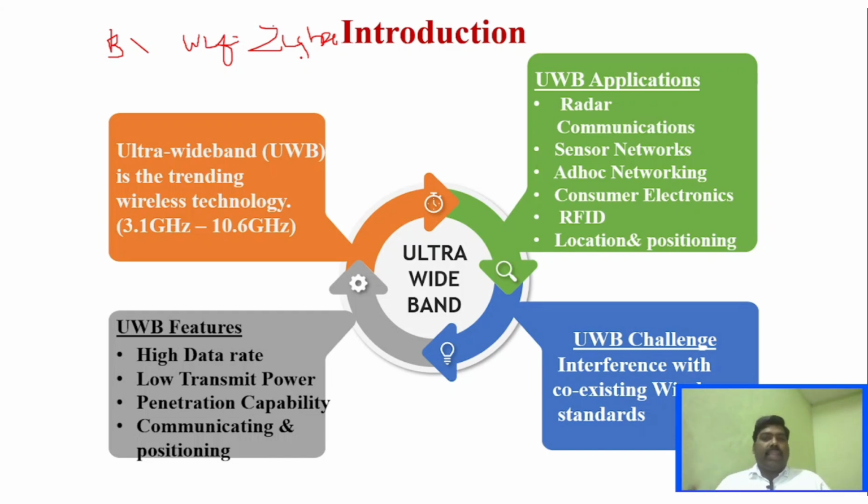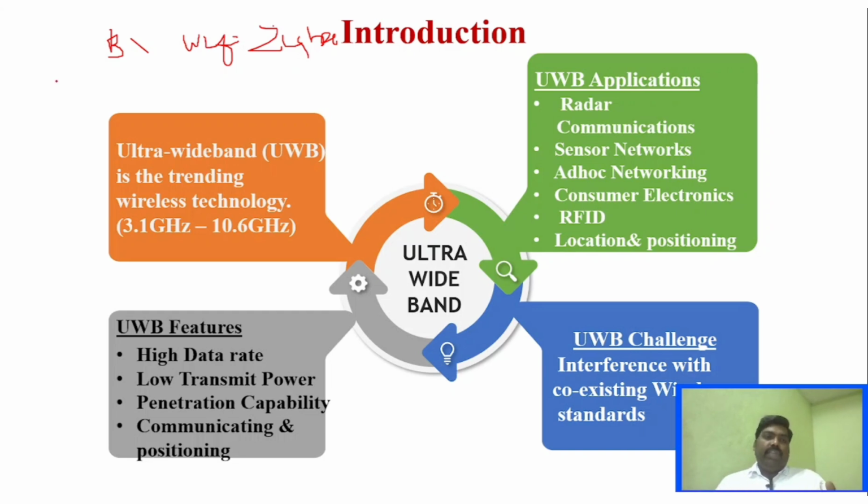Ultra wideband technology. From the name itself, you can understand it has a wide bandwidth, right? And this UWB is going to be a very powerful technology in wireless communication. Why do I say it is very powerful? That's because when it comes to wireless communication, bandwidth plays a very vital role, correct? Bandwidth is very, very important.